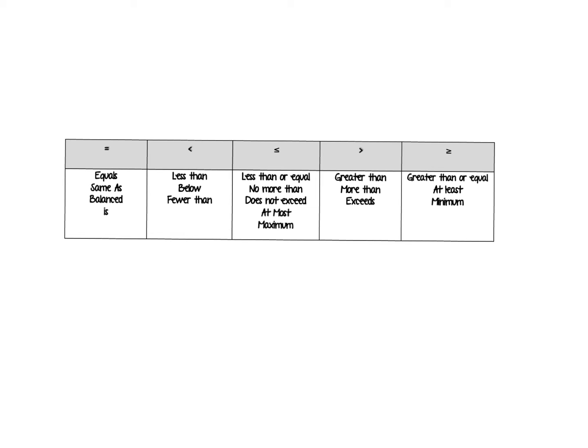Where we have less than, below, fewer than, less than or equal to, no more than, does not exceed, at most, and maximum could be words that you'd use to describe that less than or equal to. We have the greater than symbol, and that can be used to describe more than or exceeds. And then for the greater than or equal to, other words might be at least or minimum.